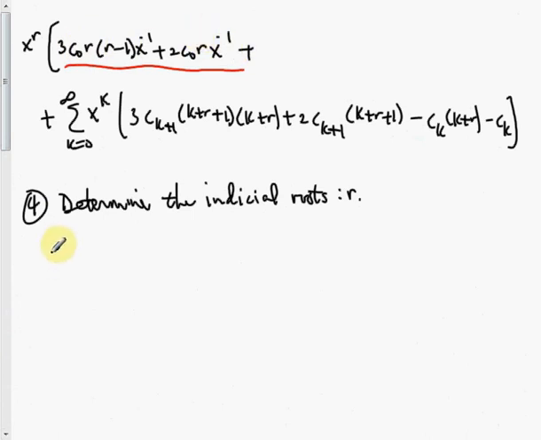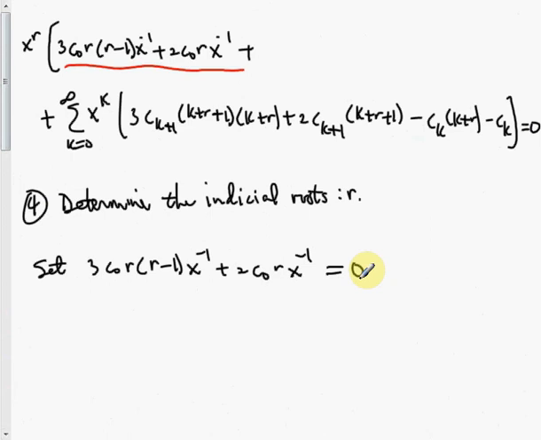Notice that this entire side is supposed to equal 0. So we set 3 c naught times r minus 1 times x to the negative 1, plus 2 c naught times r times x to the negative 1, all times x to the r, equal to 0.